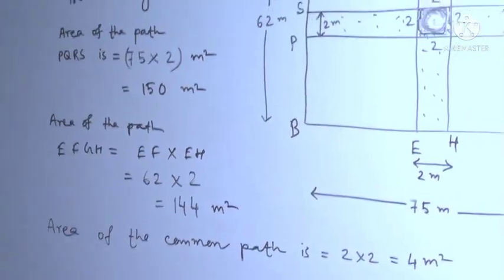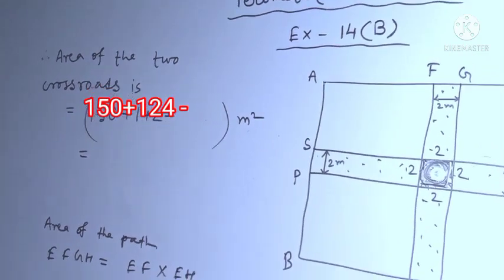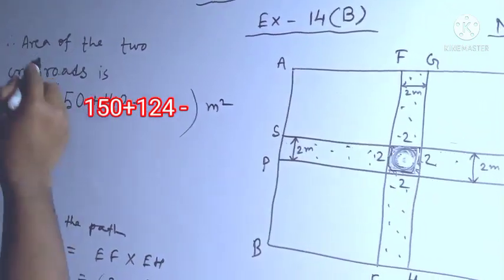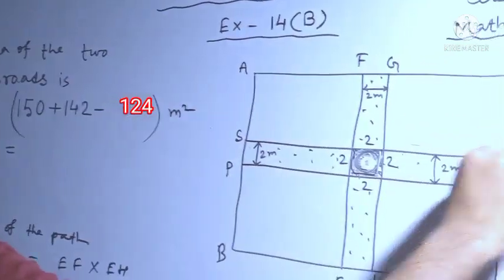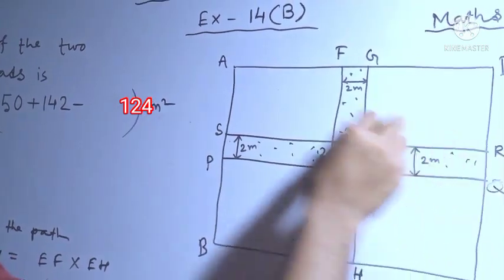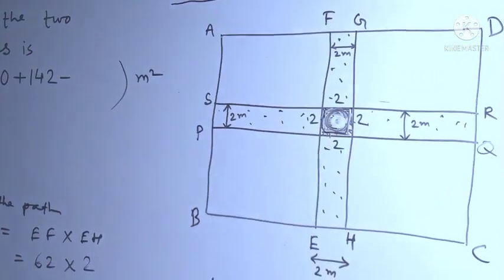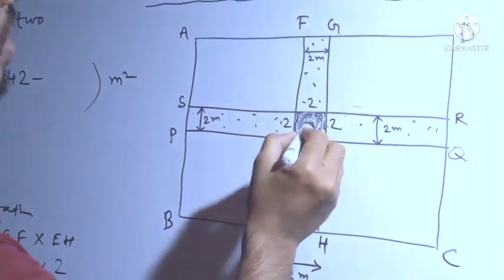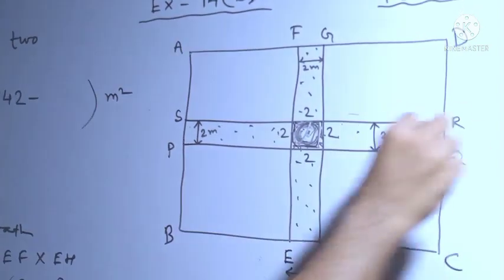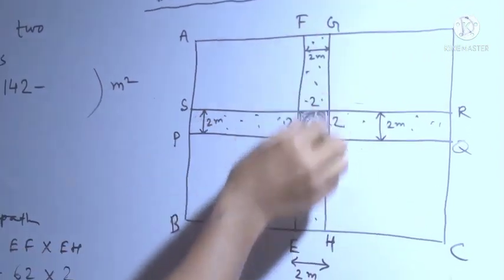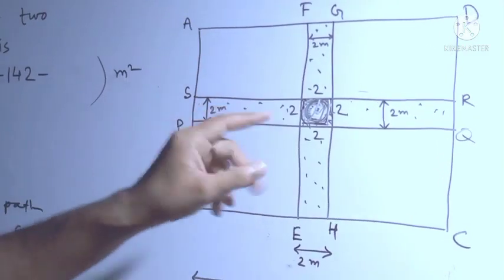Okay, now we have to find actually the area of the two crossroads. So area of the two crossroads is area of this rectangle, that means area of this road, plus area of this road minus this portion, because it is common. We take it 2 times. In this road we take it 1 time, and this road we take 1 time. So how many times do we take? 2 times.